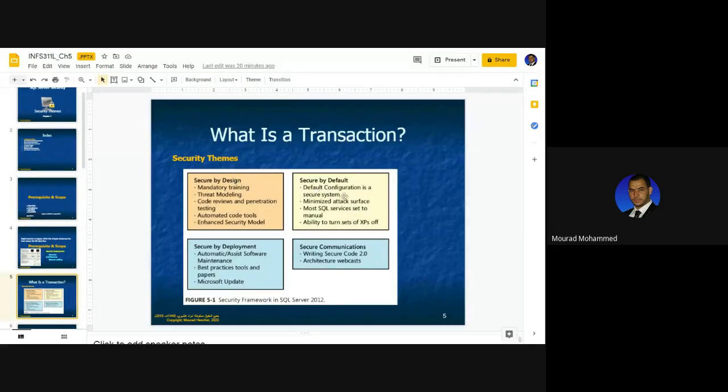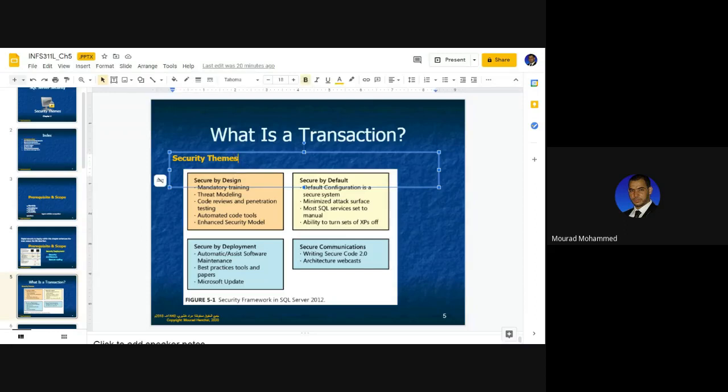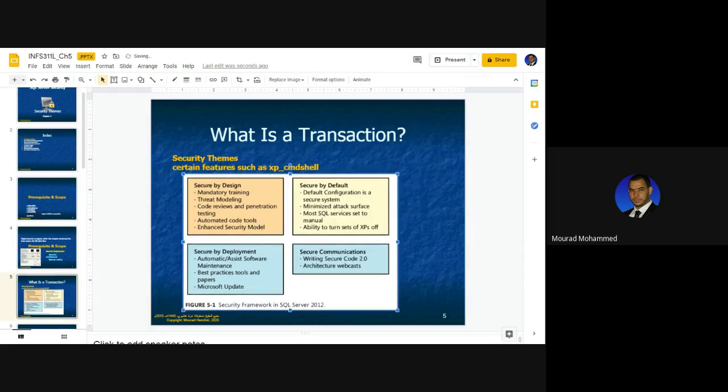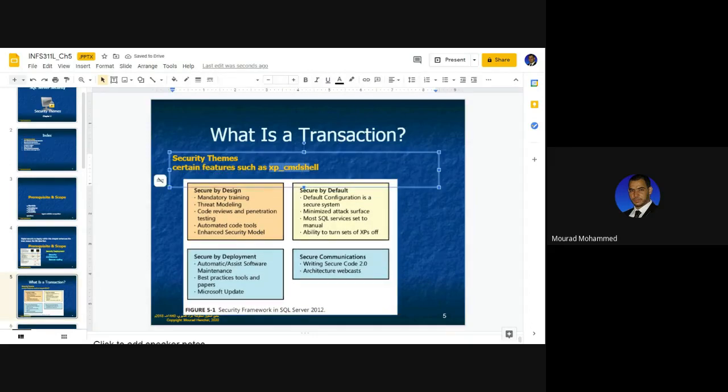Here by default we are talking about certain predefined methods, or predefined measurements, that are actually being disabled to raise the security by default. We need to enable them whenever we need them to be utilized within the SQL Server, but by default they are disabled, as per the command-based interface.